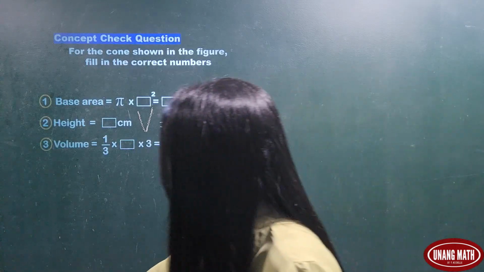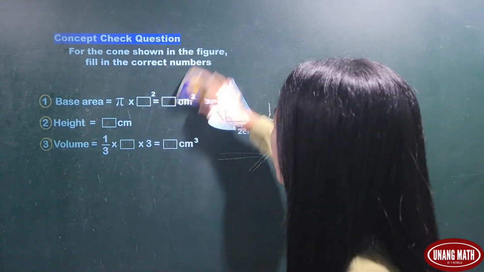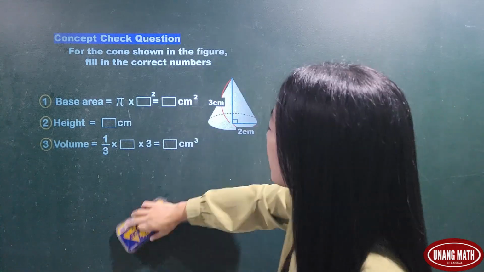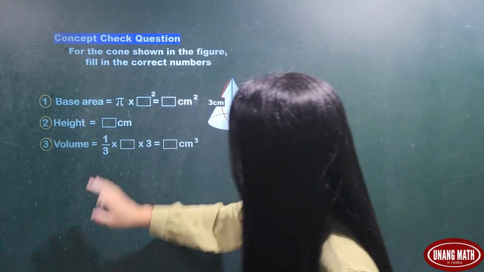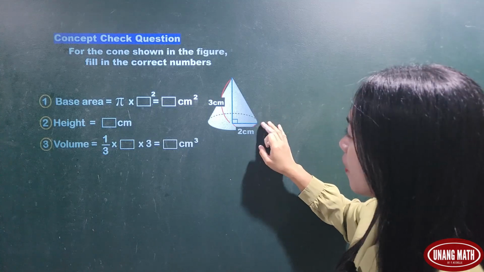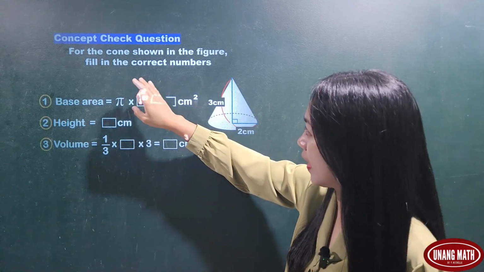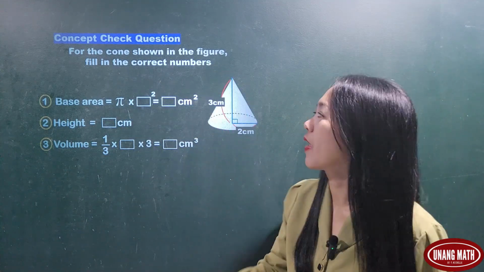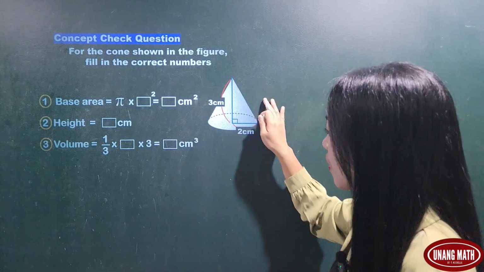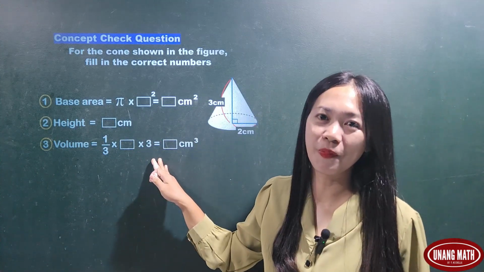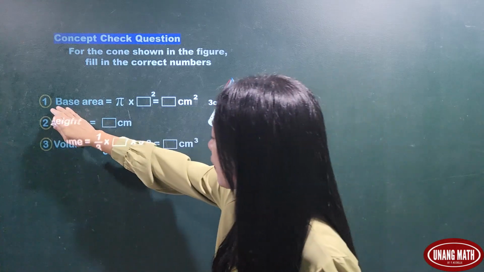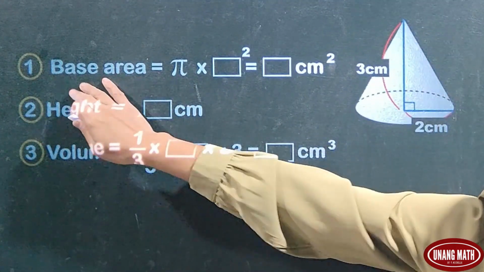Let's give an example by answering this concept check question. For the cone shown in the figure, so this is the cone, we are going to fill in the correct numbers. So we will find this cone's volume. First, we have to get the area of the base.